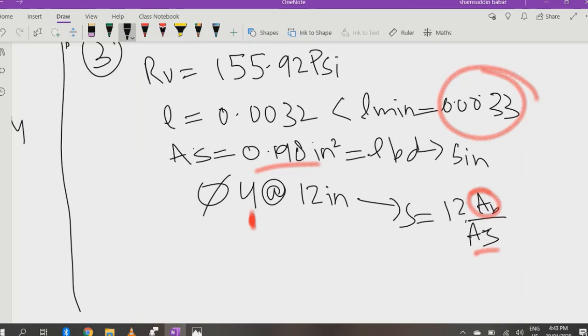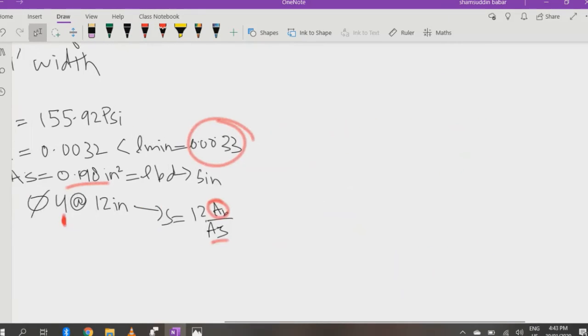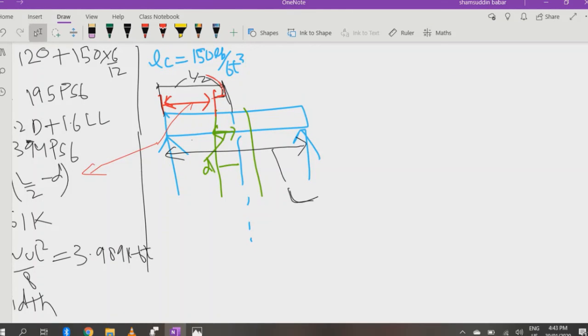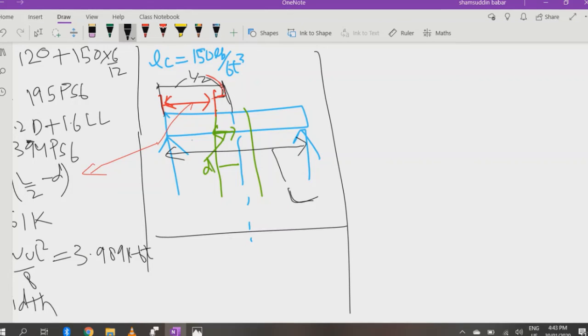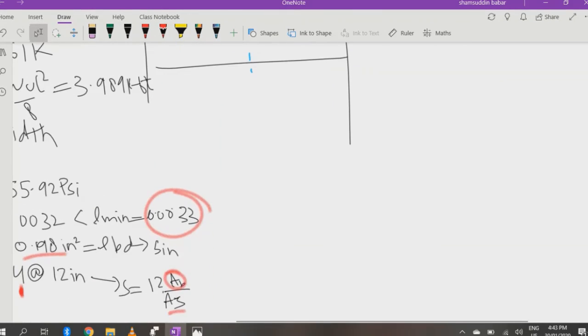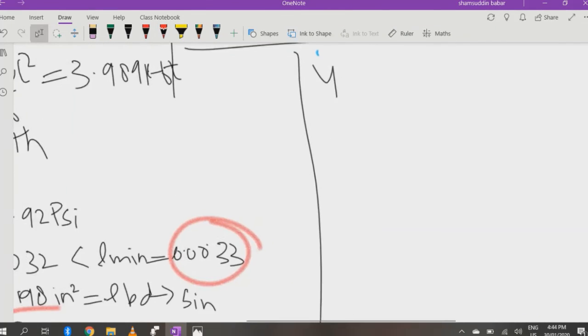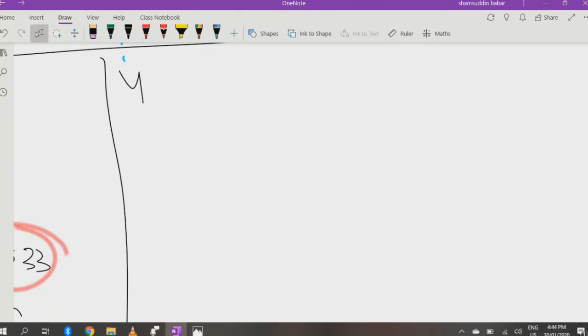Now what will be the 4th step? I will show you here. Our fourth step is to check the moment capacity.